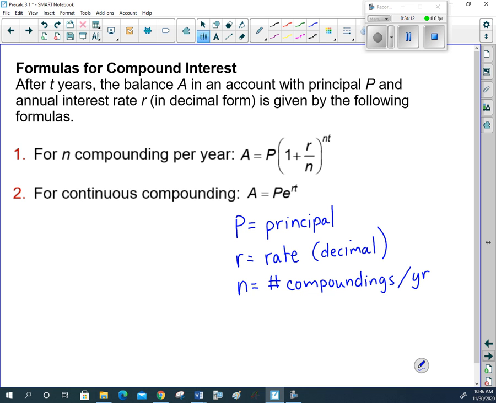So like if I said monthly, that means 12 times a year. So N would be 12. If I said quarterly, that's 4 times a year. So N would be 4. And then T stands for time. So whatever your investment is in years. I think they usually do time in years. Okay. So there's our formula.